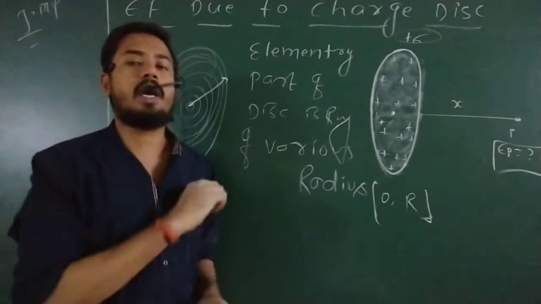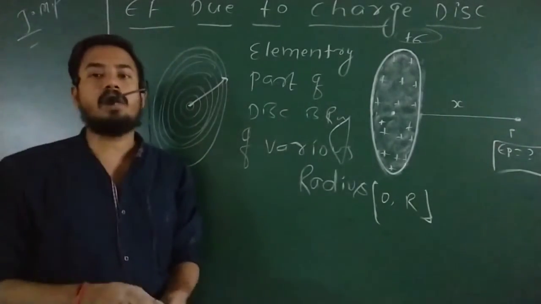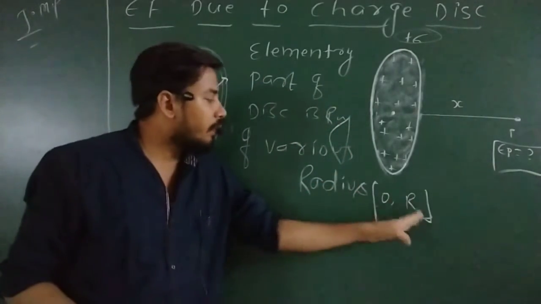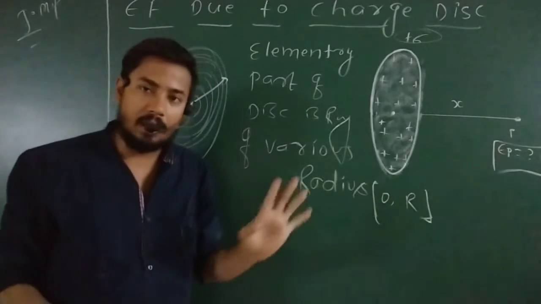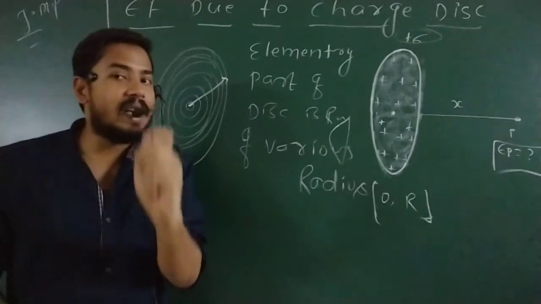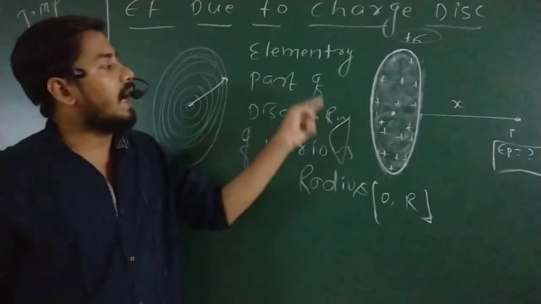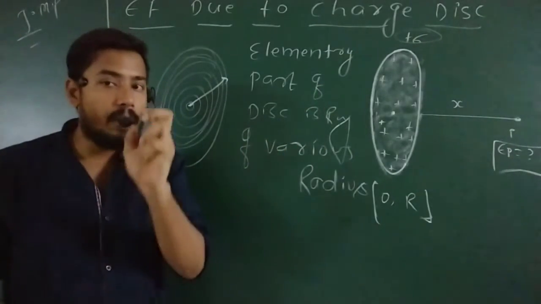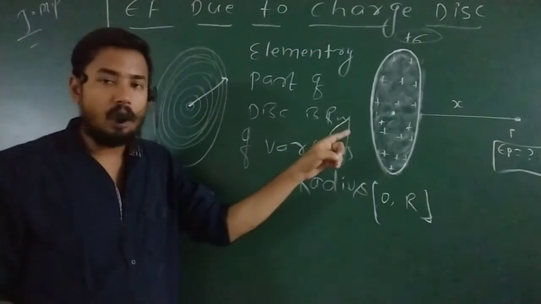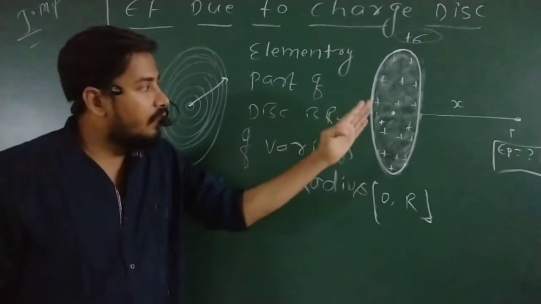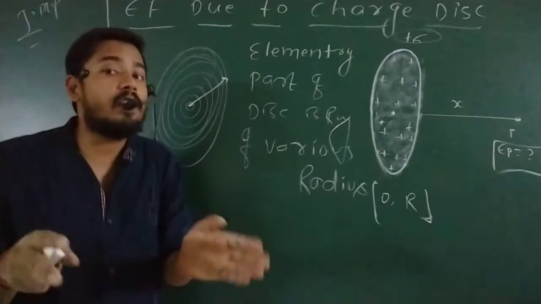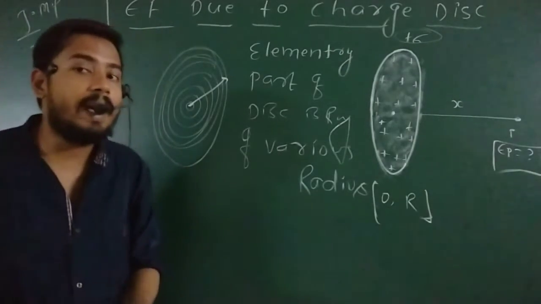Done, buddy? Okay, so now how can we calculate? This is the only elementary part. We can say the disk is made up of this, and the radius of the ring ranges from 0 to capital R. Now the thing is how to calculate. Simple: we will select any one ring of any radius and find the electric field due to this ring, because we know the electric field due to a ring, and after that we will do integration.